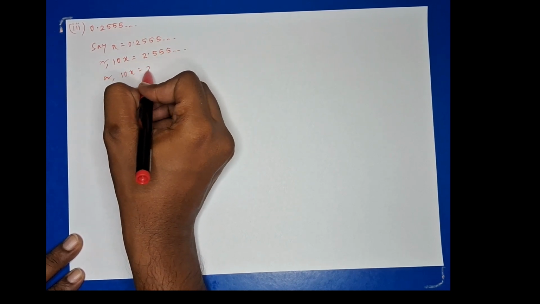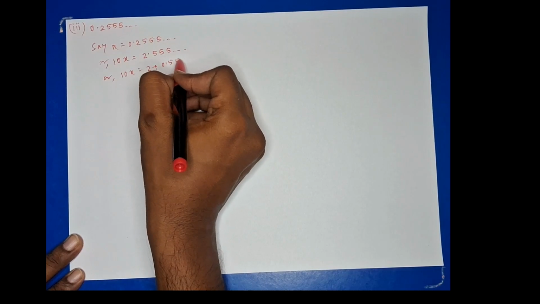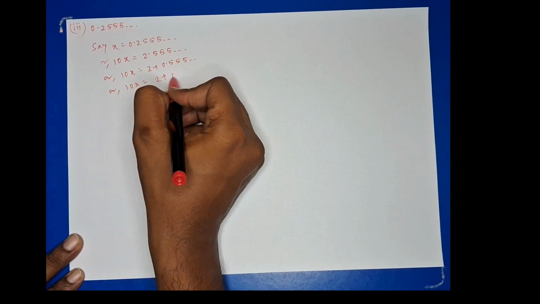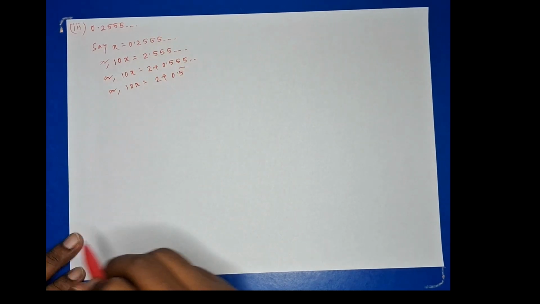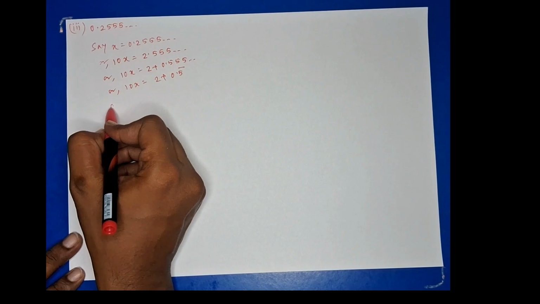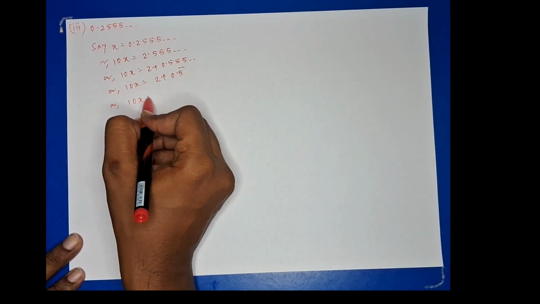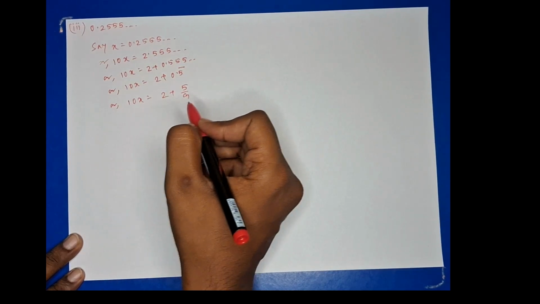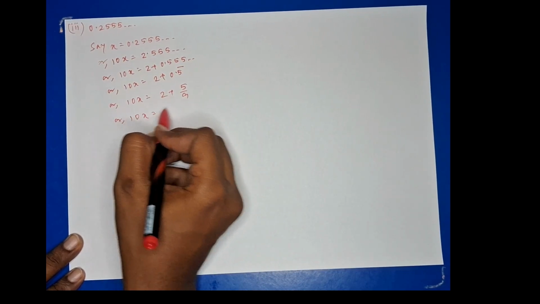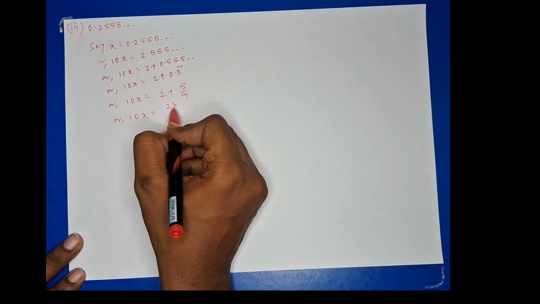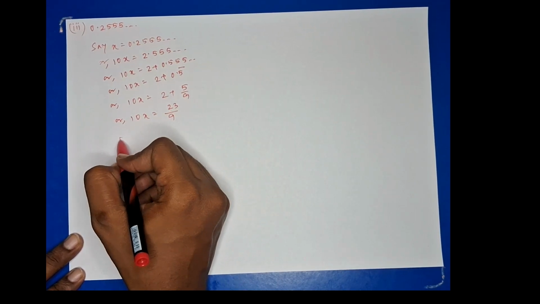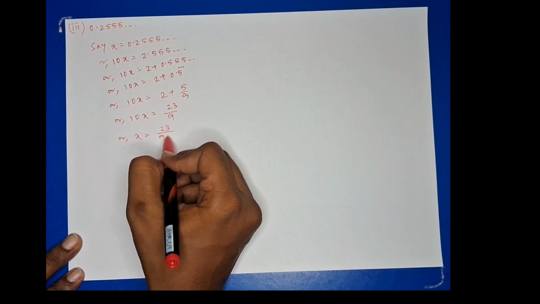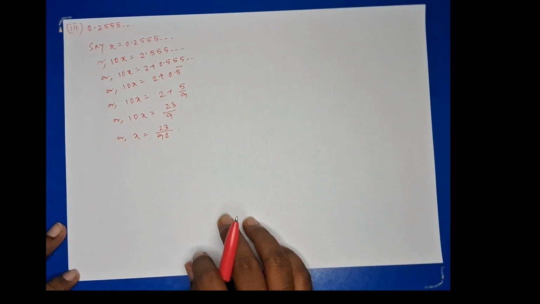So 10x is equal to 2 plus 0.555 dot dot dot, or 10x is equal to 2 plus 0.5 bar. So how can we write it? 10x is equal to 2 plus 5 by 9, right? Or 10x is equal to 23 by 9, or x is equal to 23 by 90, right?